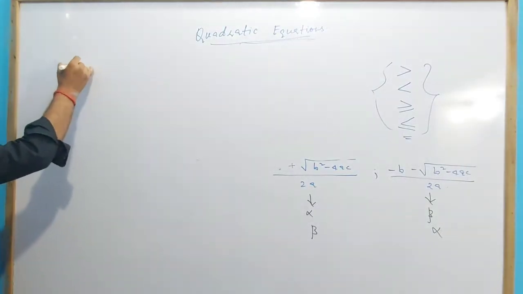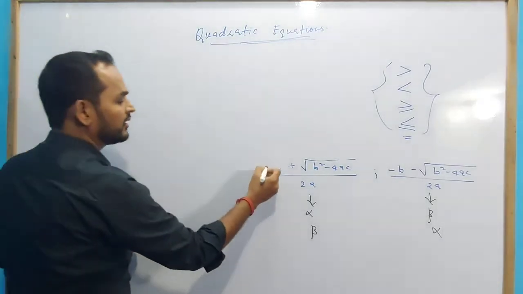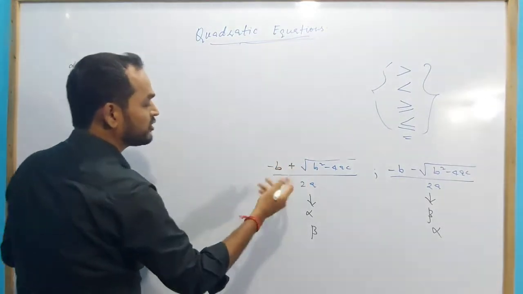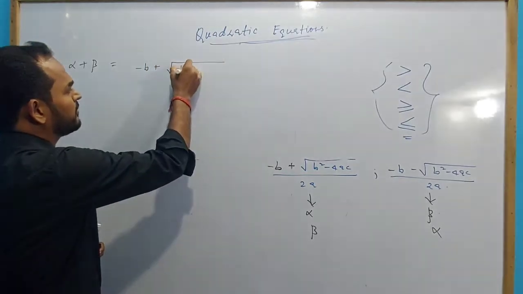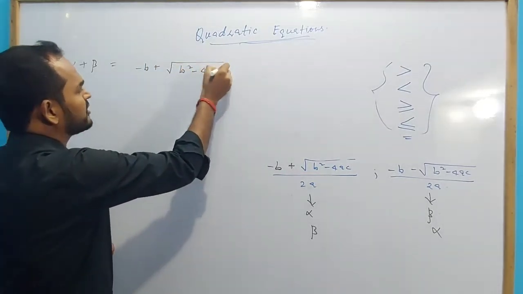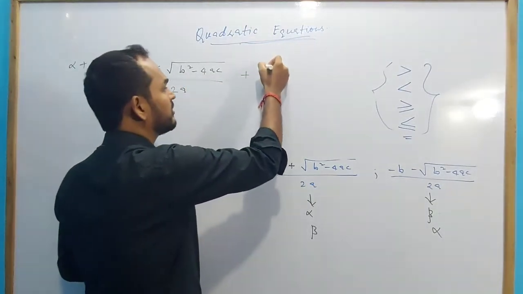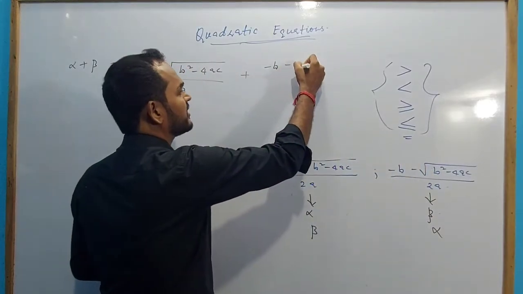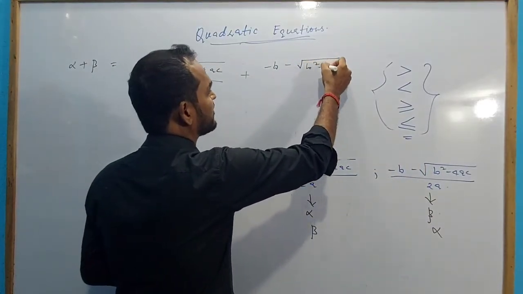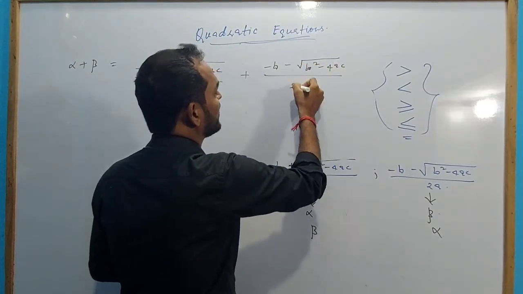When we do alpha plus beta, how much will it become? So when you add it, minus b plus root under b square minus 4ac upon 2a, and in the place of beta you put minus b minus root b square minus 4ac upon 2a.